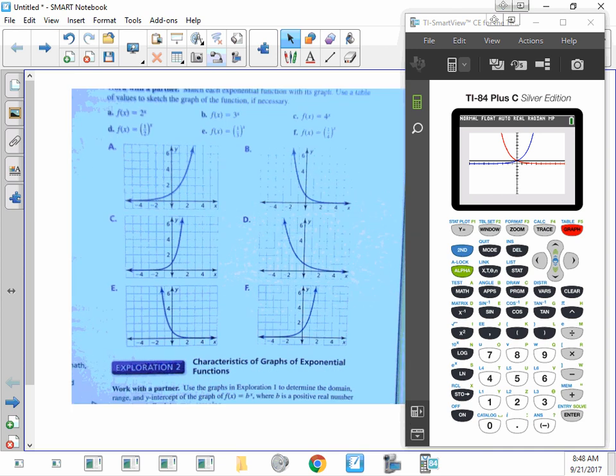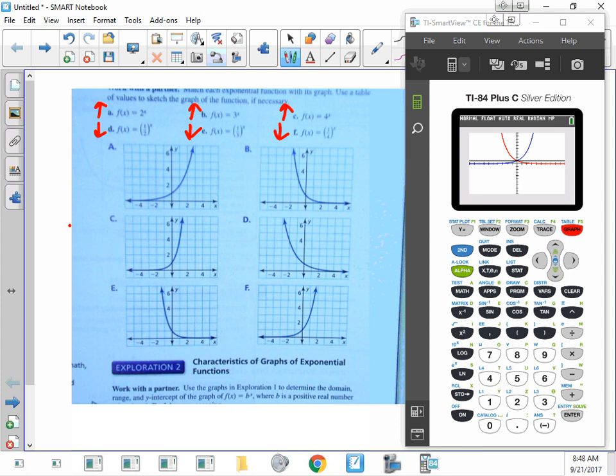So let's go through all of the equations. So letter A, which direction are we going? So A is going up, B, up, C, up, D, down, E, down, F, down.